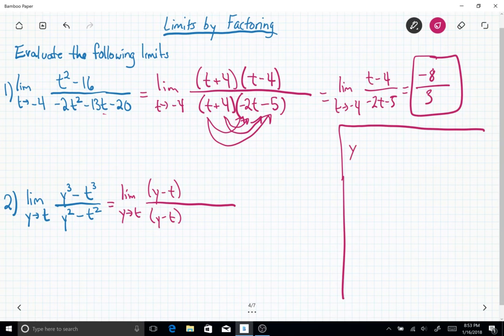So let's say we have y cubed minus 2 cubed. Notice y minus 2 is a factor of that, because 2 cubed minus 2 cubed gives you 0. So we can factor this as y minus 2, but then we need some other factor, and this is actually a perfect difference of cubes. You can check this out. We need a y squared, but notice that gives us a -2y squared if we multiply these two.